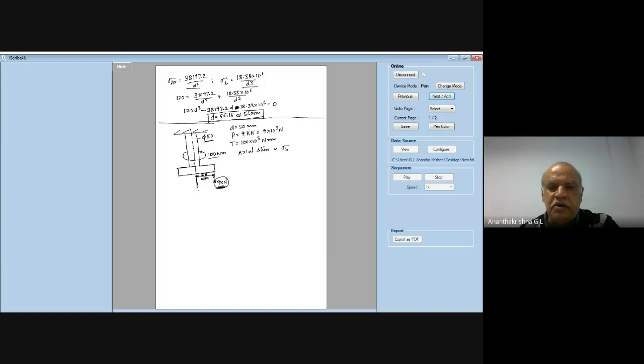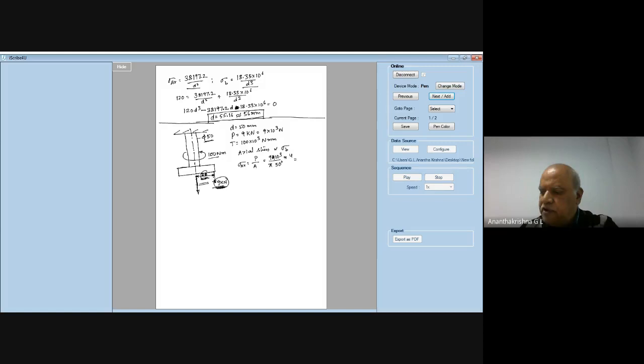How we need to analyze is that when you have a load acting at an eccentricity, you have to consider the load to be acting as if along the axis. That will give you the axial stress, given by load by area of cross section: 9 into 10 power 3 Newton divided by pi d square by 4.